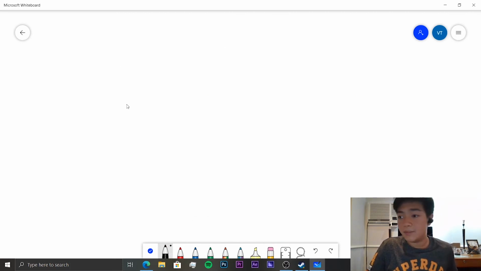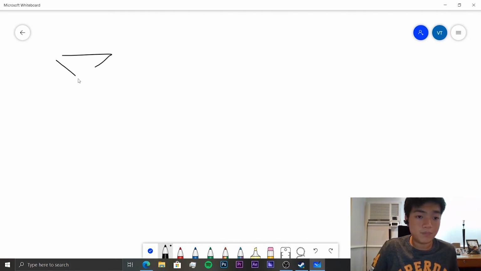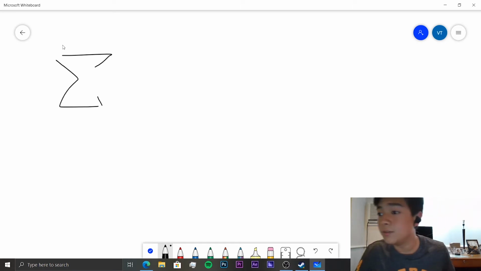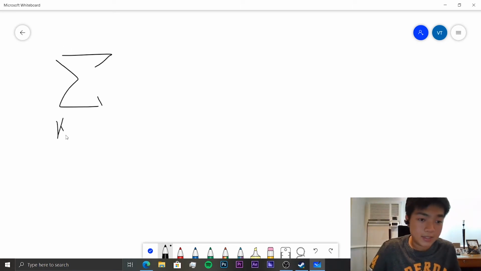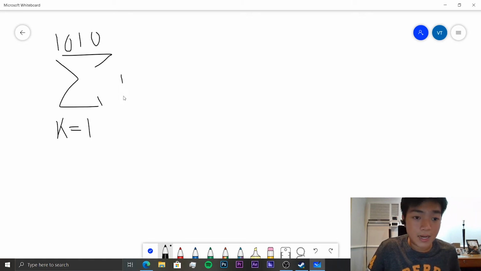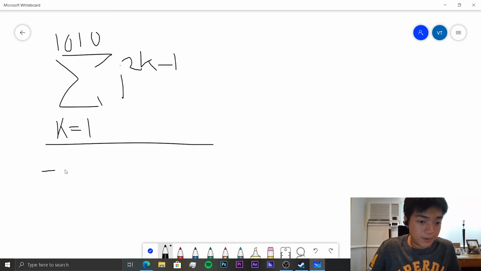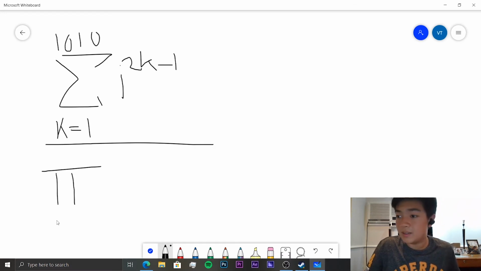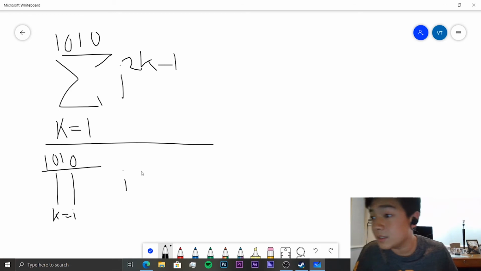So unfortunately, I missed the question. The question was, we need to get the sum of k equals 1 to 1010 of i to the 2k minus 1, so the odd powers of i, divided by, I think this is phi or pi, k over 1010 of i to the 2k.